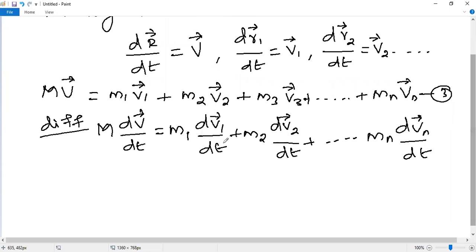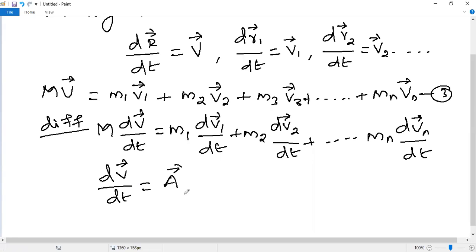Now dv vector divided by dt is equal to acceleration, capital A. A is for acceleration, not for area.